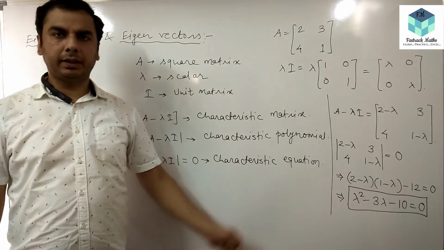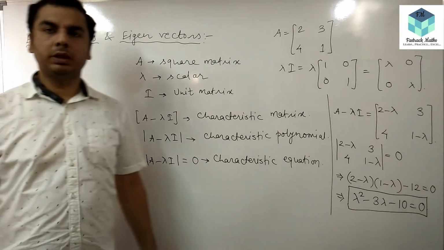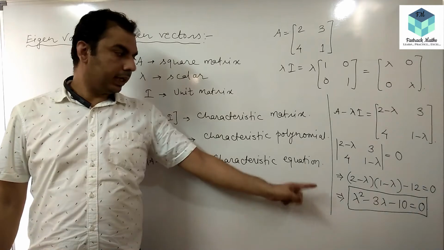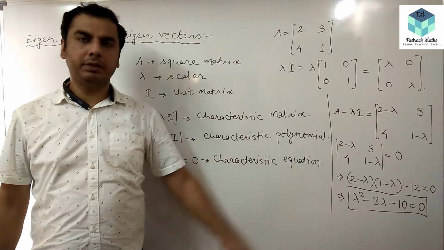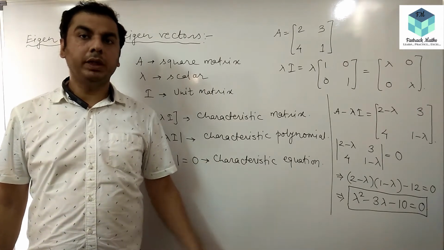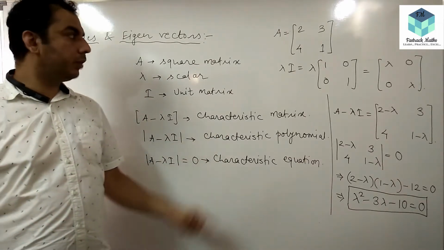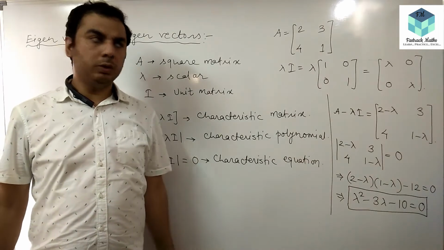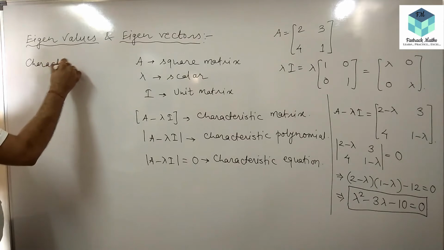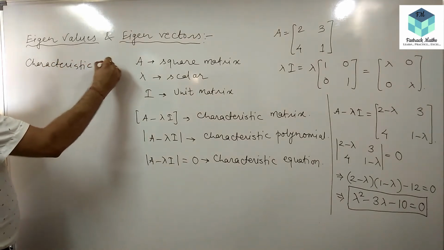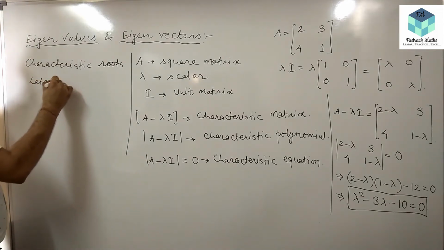After getting this characteristic equation, we can now define what eigenvalues are. Eigenvalues are nothing but roots of this characteristic equation. As we can observe here, lambda square minus 3 lambda minus 10 is a quadratic equation and it will have how many roots? 2 roots. So those 2 roots will be known as eigenvalues of the given matrix A. Eigenvalues are also known as characteristic roots or latent roots.